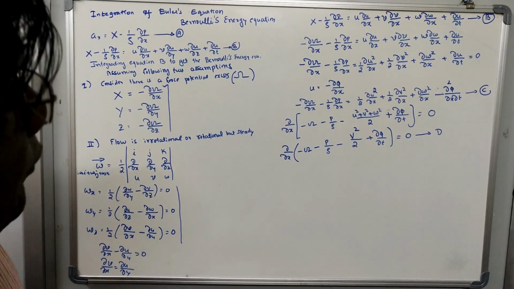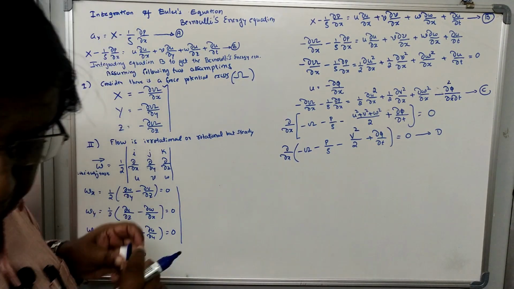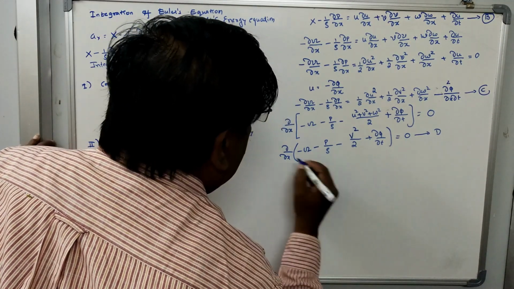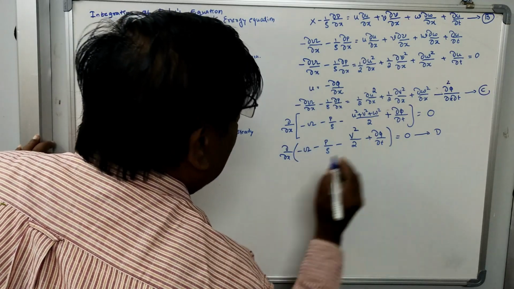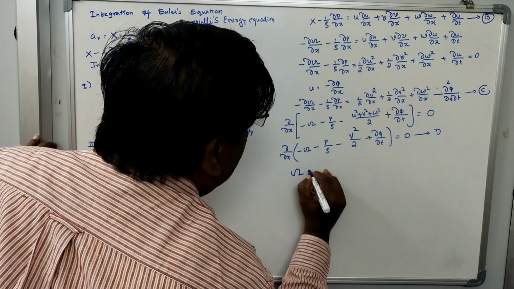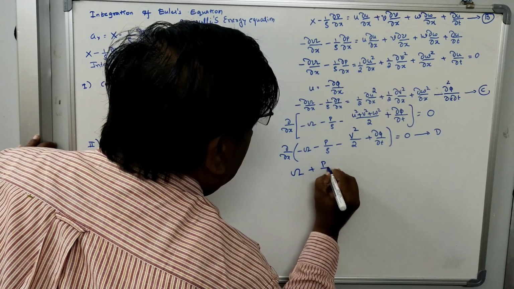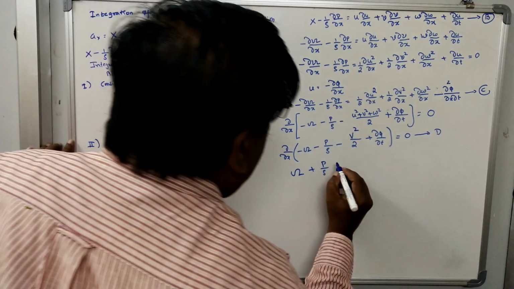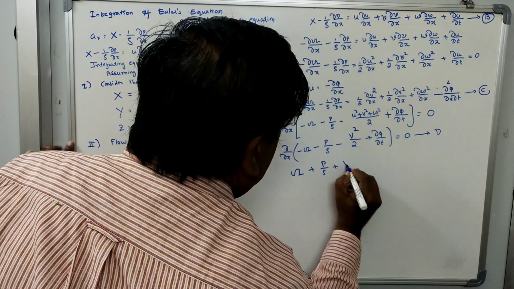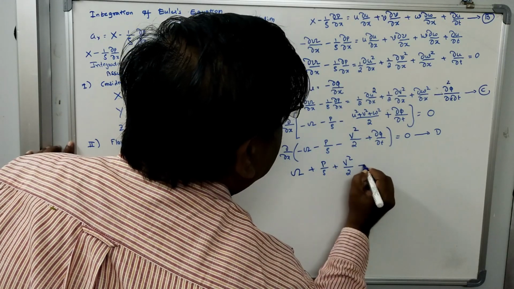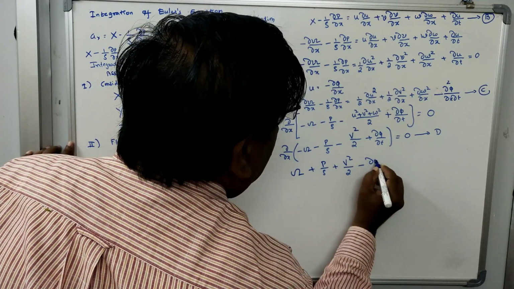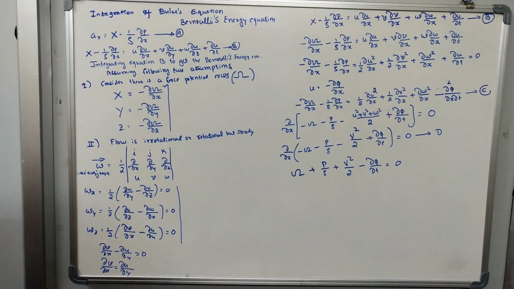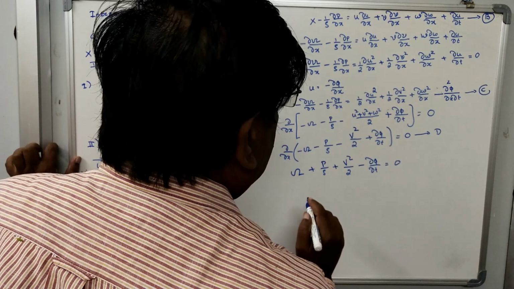Integrating the above equation, we will get, you can take the minus sign also, this is Ψ plus p by rho plus v square by 2 minus ∂φ/∂t is equal to 0.